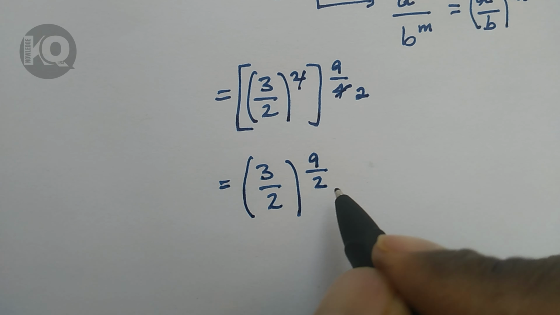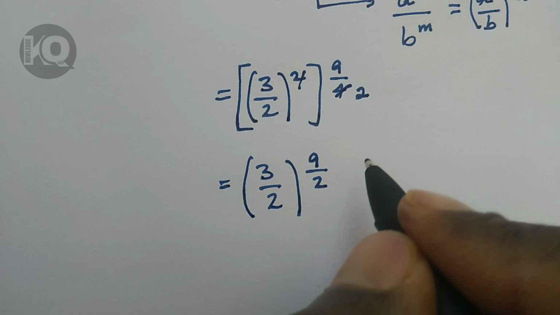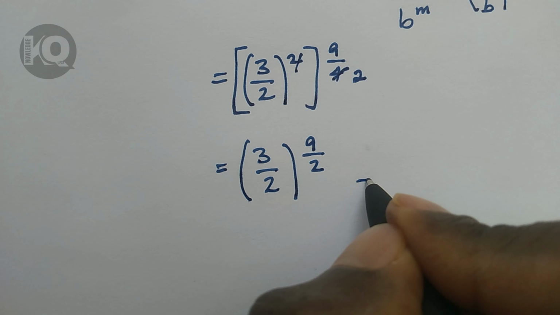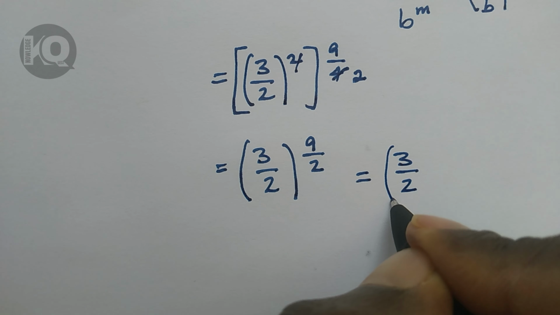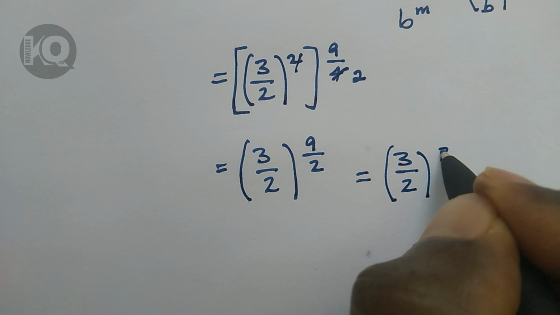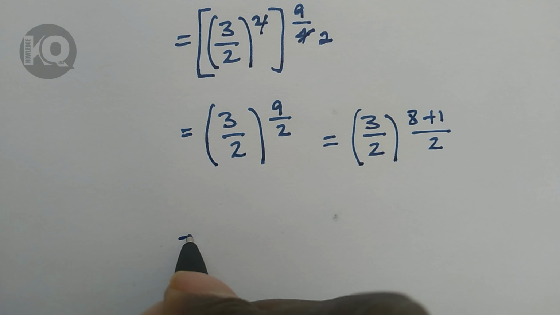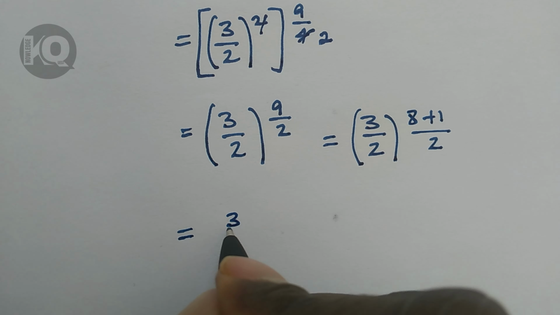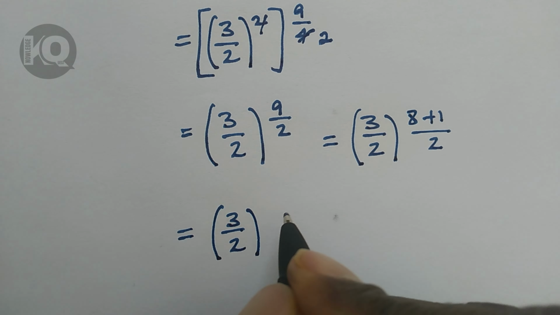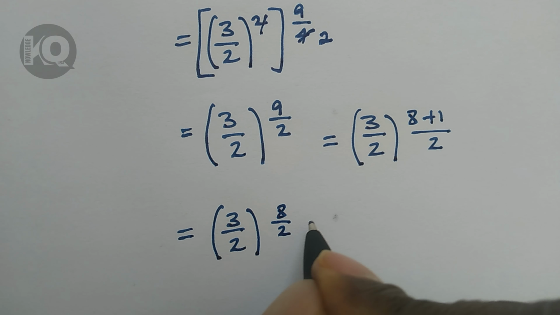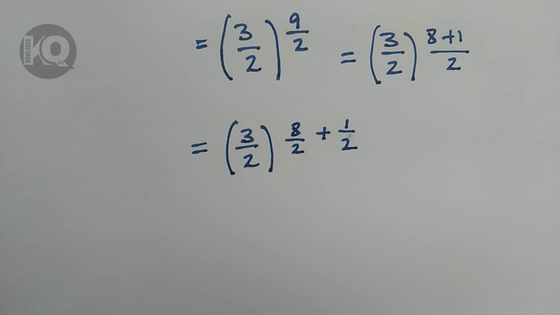Now we can rewrite 9 as the sum of 8 and 1, which means this is equivalent to (3/2) to the power of (8 plus 1) divided by 2. This will be (3/2) to the power of, let's separate this one, 8/2 plus 1/2.